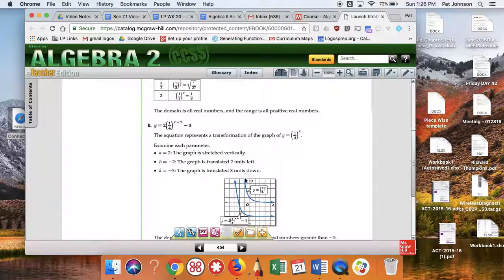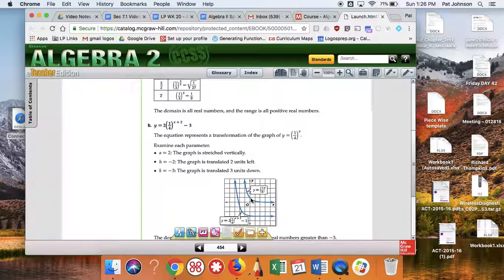All right, let's look at this one. This one's transformed. So a is 2, so it tells you it's a vertical stretch by 2. 1/4 tells you it's a decay. h is -2 because it shifts to the left 2 and it shifts down 3. So we take this, here it is, the original one.